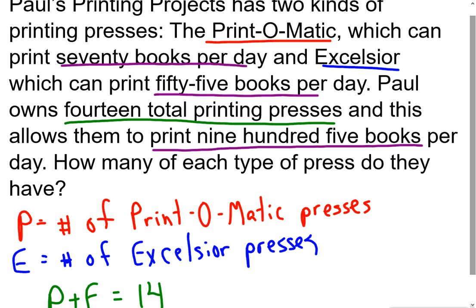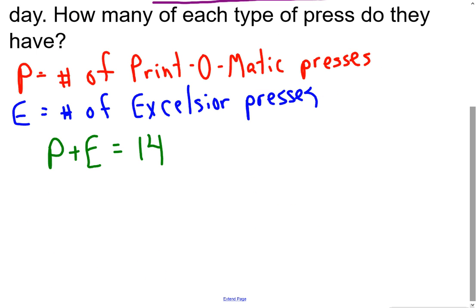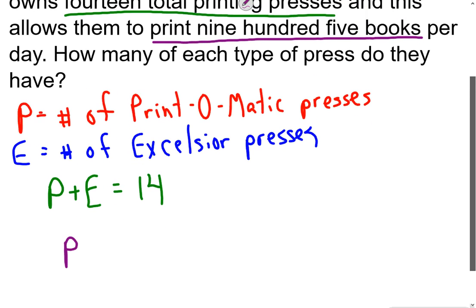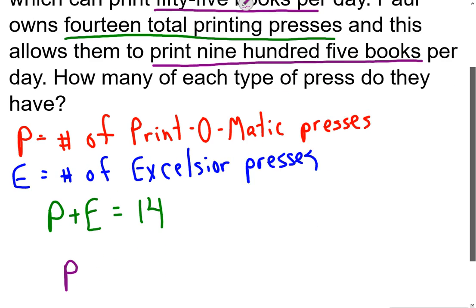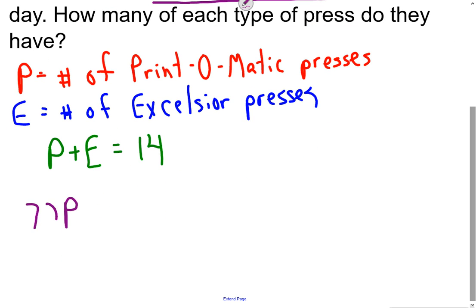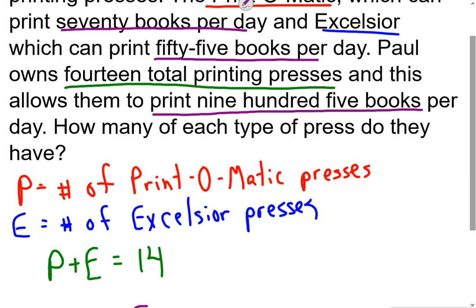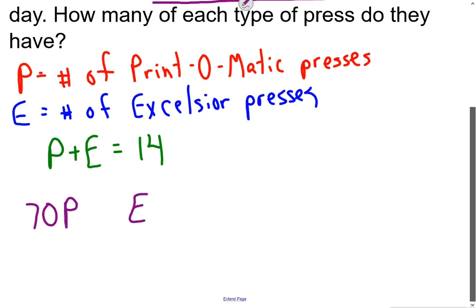So let's get down and do what I actually just said. I said we're going to take the Print-O-Matic presses, multiply it by, how many does it print each day? Well, it says up here, 70 books. So I'm going to take 70 times P. That's going to give me, remember, the number of books all of the Print-O-Matic presses print each day. And then I'm going to take the Excelsior, multiply that by how many books it prints each day, which is 55.